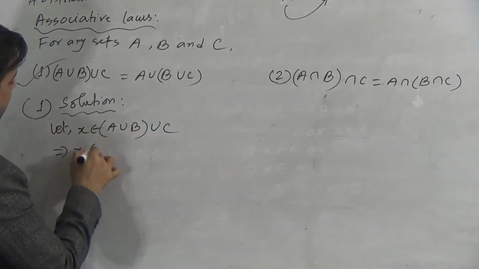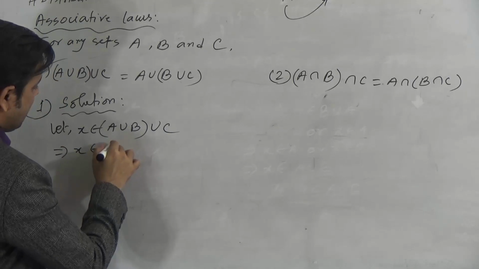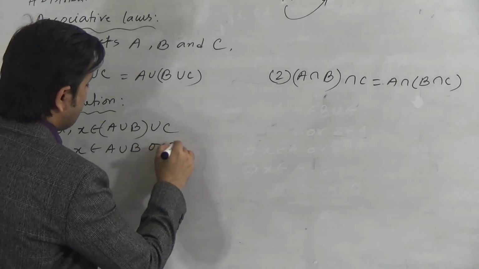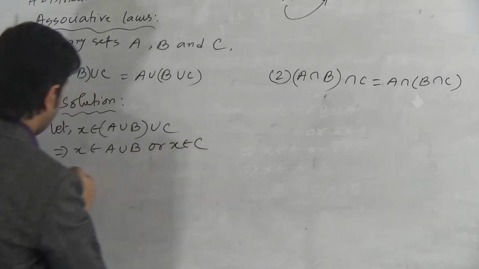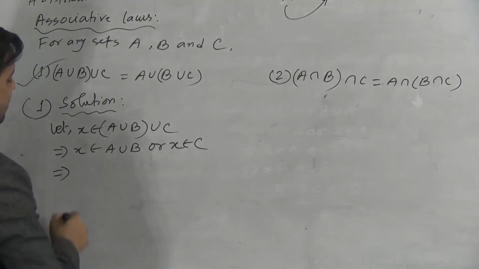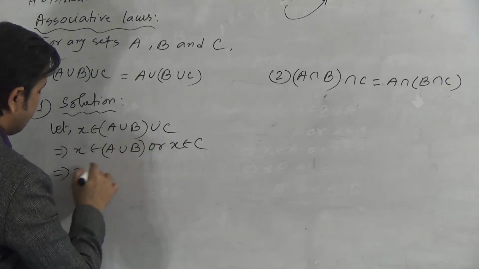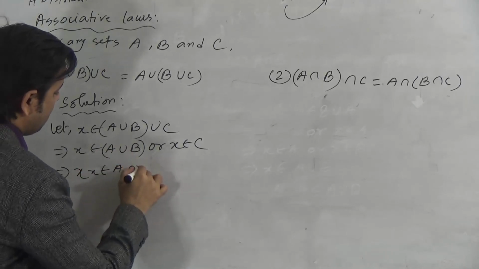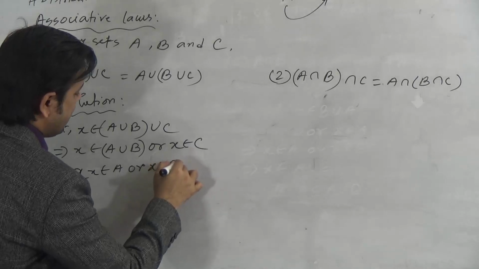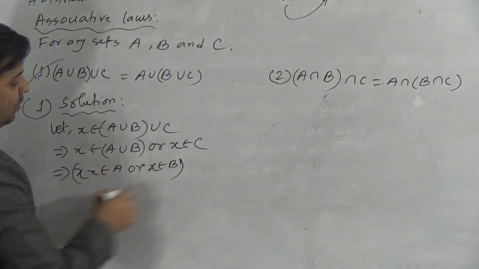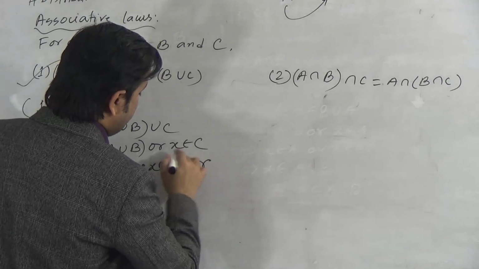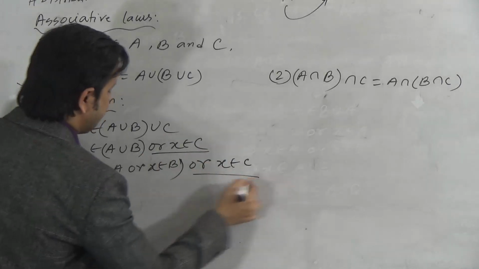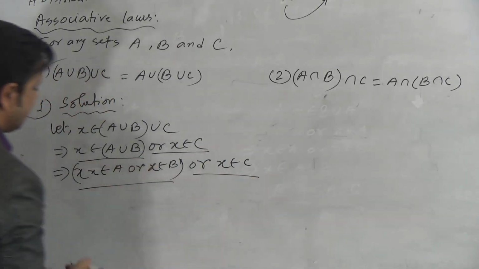That implies X is contained in A union B or X is contained in C. That implies we can write X is contained in A or X is contained in B, or X is contained in C. This part I have written here, and from this part I have written this.